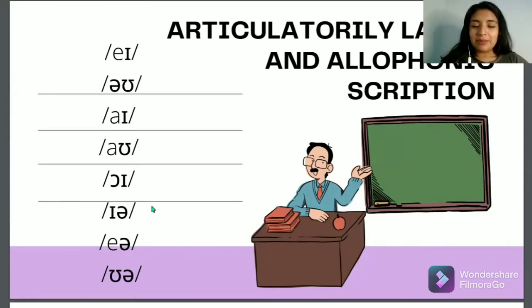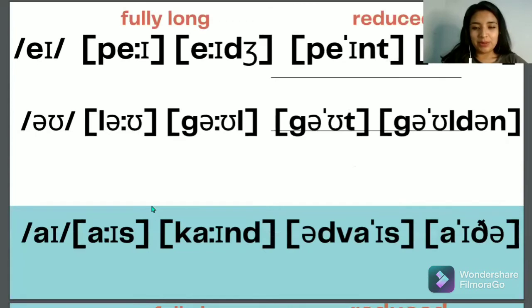In order to understand better, I am going to show you my examples. Also, in an allophonic transcription, we have to write the transcription between square brackets and also use the diacritics that can show if the diphthongs are fully long or reduced.